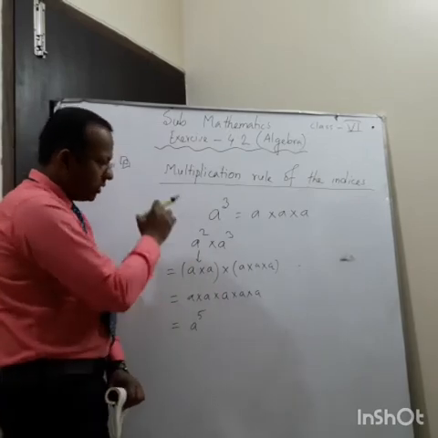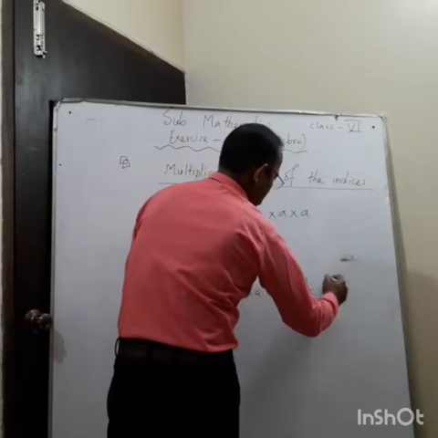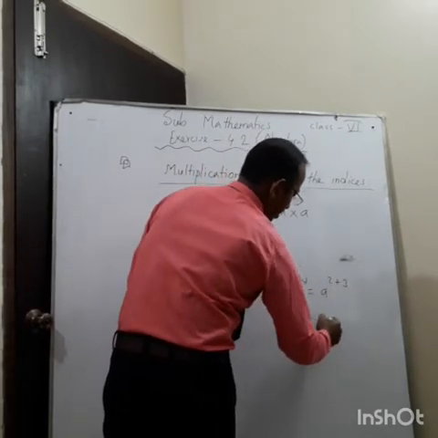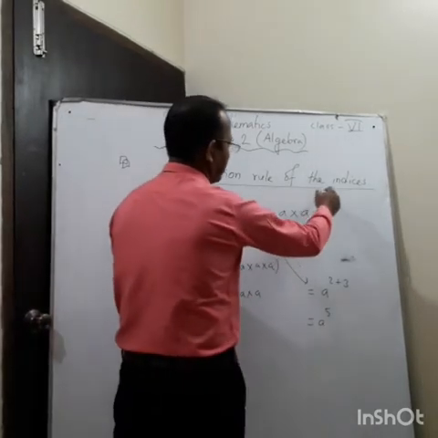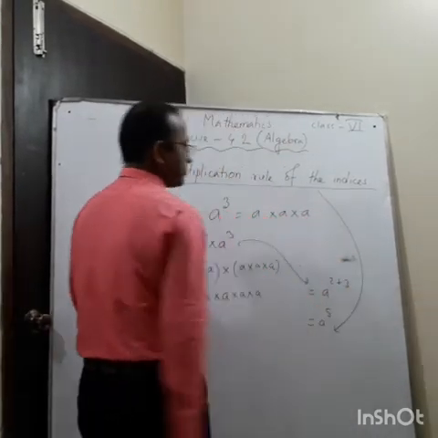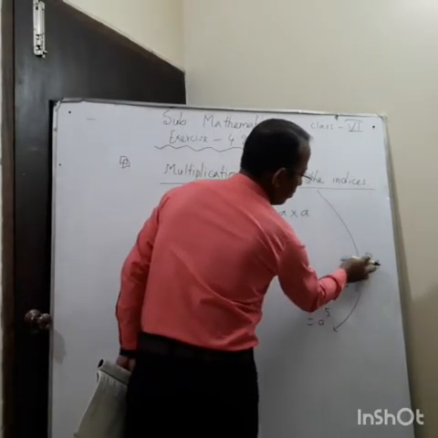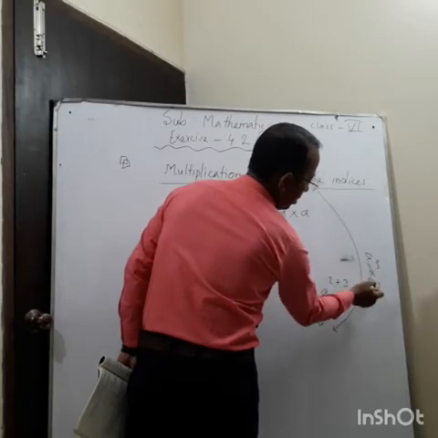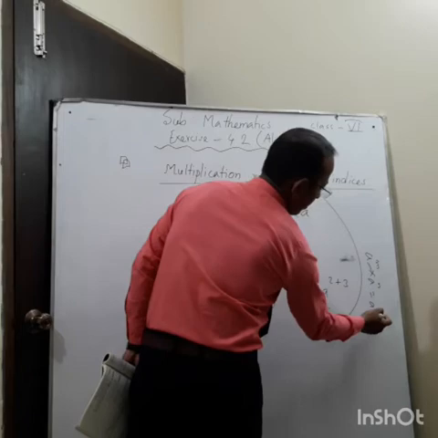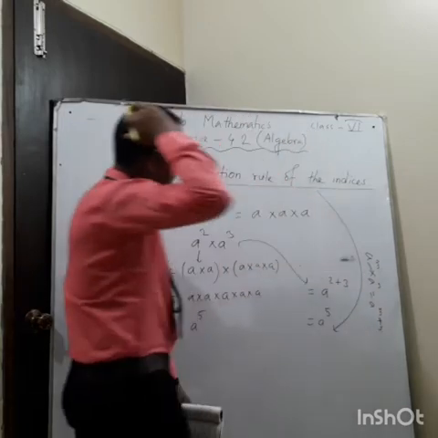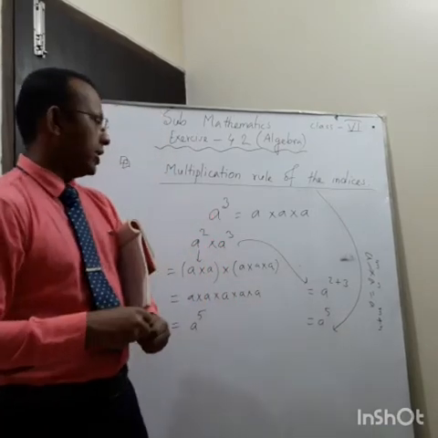But we can write this equal to a to the power 2 plus 3, which is a to the power 5. This is the multiplication rule of indices. That is a to the power m into a to the power n equal to a to the power m plus n. So dear students, this is about the multiplication rule of indices.